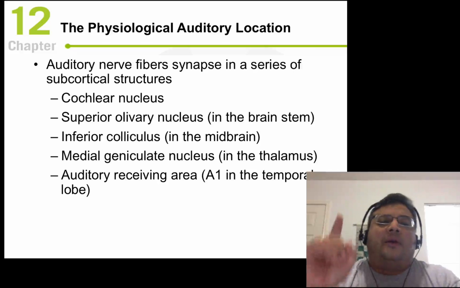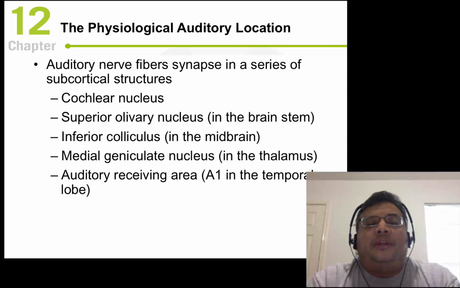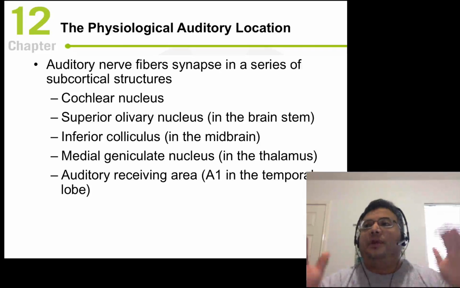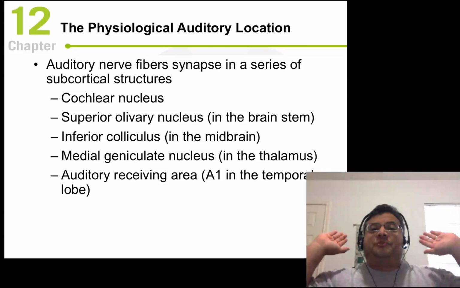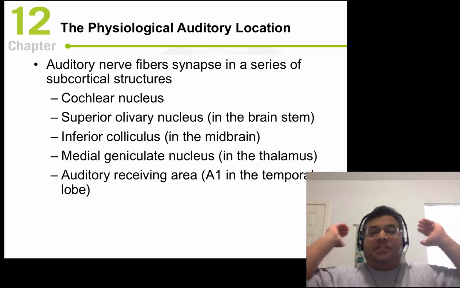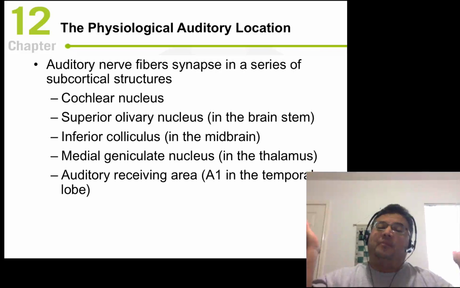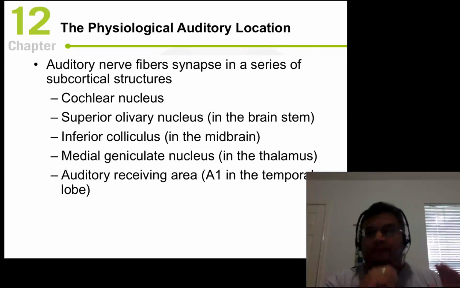There's also, higher up in the midbrain, the inferior colliculus. In other critters, like kitty cats, for example, the inferior colliculus is responsible for regulating the direction of the pointing of the ears. But we can't move our ears, so the inferior colliculus helps us to judge location.